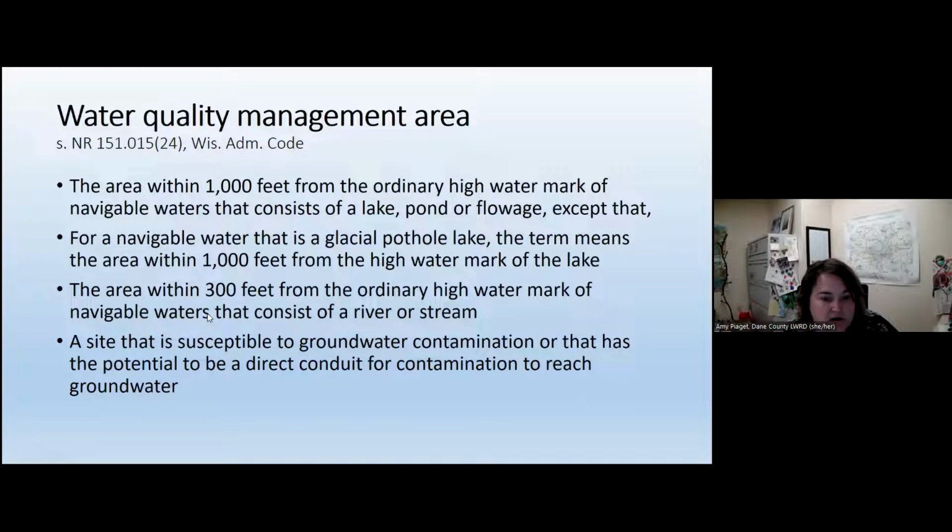So a concentrated flow channel is typically not navigable. So you wouldn't necessarily have a 300-foot setback from a SWCMA for that, as an example. And then Aaron will get more into the sites that are susceptible to groundwater contamination or have the potential to be a direct conduit. But there are many areas where groundwater definitions are going to apply within the standards as well.